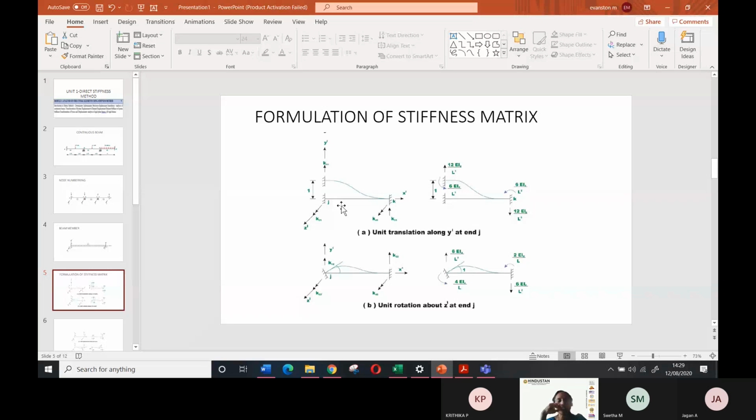It's a small test. You need not study much. Also, how to find the reactions of a simply supported beam when a uniformly distributed load is there, and when concentrated loads are there. So you have to learn something and come. Even if you commit mistakes, no problem, because it's the first test. Or if you want, I will conduct a retest also, no problem.